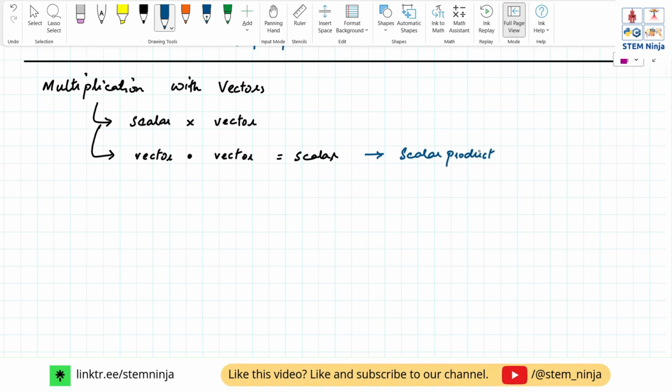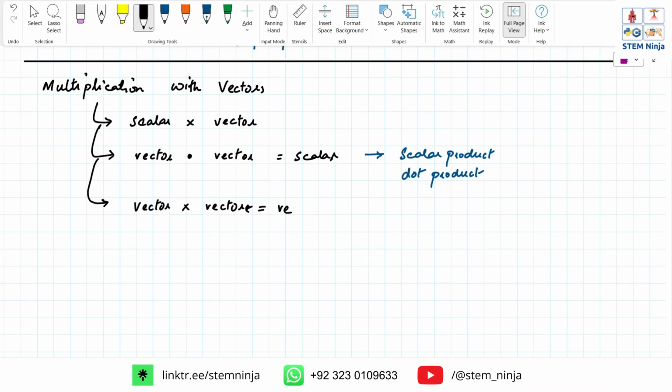In the syllabus, it is written as scalar product, but it can also be called dot product. Similarly, something which is not in the syllabus, but just to finish the discussion, another way to have a product of vectors is a cross product of vectors, and the product of such a multiplication is a vector.